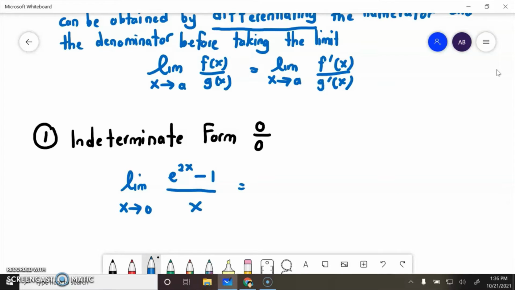By quick substitution, when x is 0, you will get 0 over 0, right? So I will apply L'Hôpital's Rule, which says differentiate. Don't forget your limit; I need to write my limit.